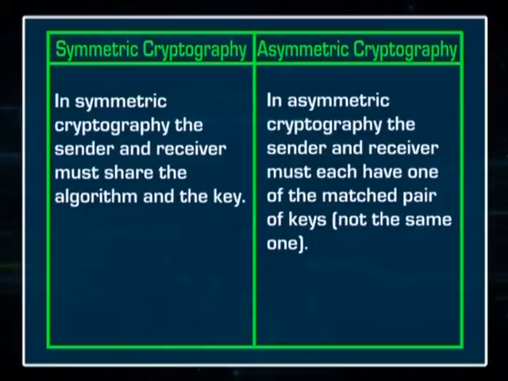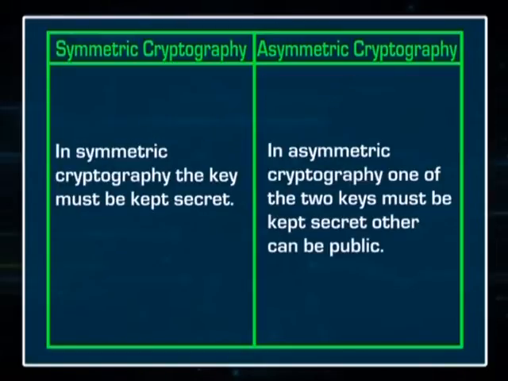In symmetric cryptography, the sender and receiver must share the algorithm and the key. In asymmetric cryptography, the sender and receiver must each have one of the matched pair of keys. In symmetric cryptography, the key must be kept secret. In asymmetric cryptography, one of the two keys must be kept secret, the other can be public.